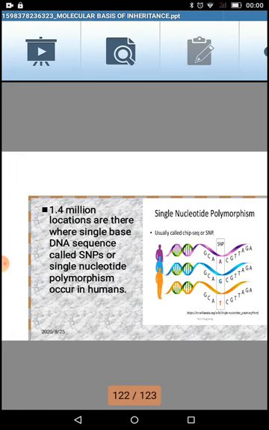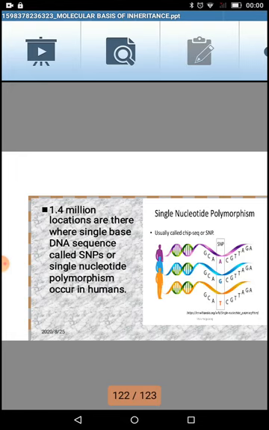There are 1.4 million locations where single-base DNA sequence variations called SNPs, or single nucleotide polymorphisms, occur. Now what does this mean? You can see in the diagram that the whole human DNA may be the same, but only one base will be different in many human beings who are related to each other.